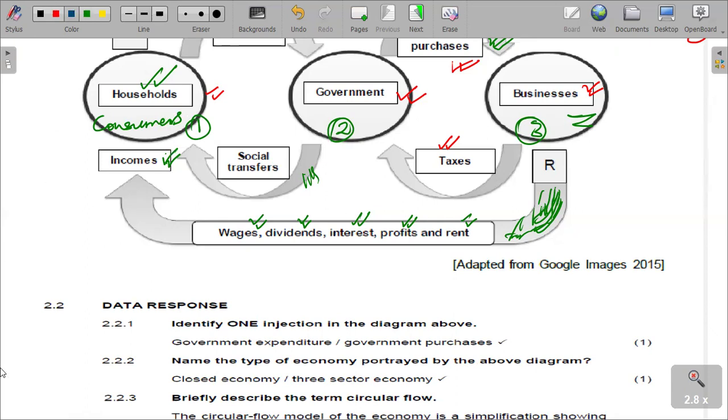A three-sector economy is also called a closed economy, because we don't have the fourth sector or fourth participant, which is the foreign sector. So it is a closed economy.